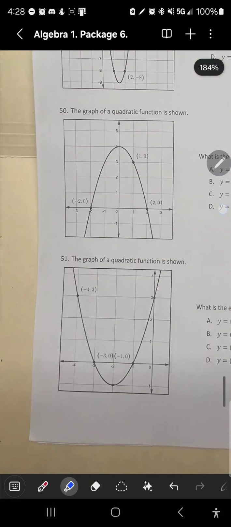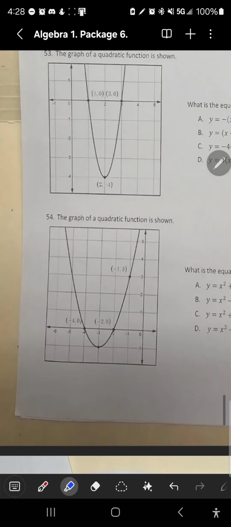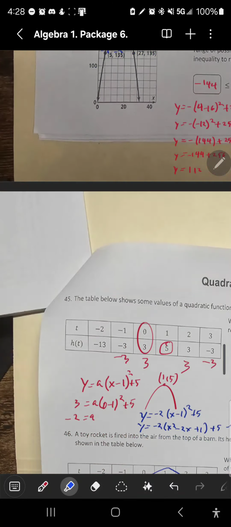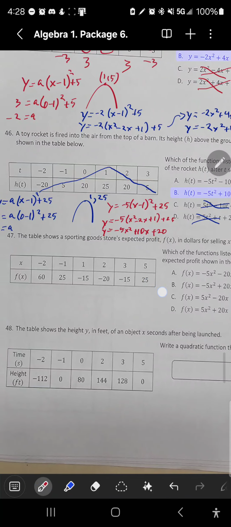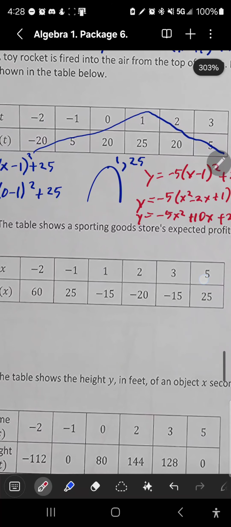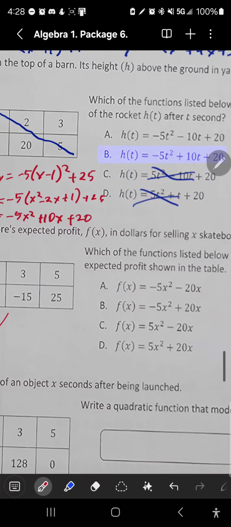Now let's look at how many are missing. Okay, so let's look here. Again, let's look at this. We have positive, positive, negative, negative, negative, positive. So in this case, going something like this, where 2 comma negative 20 is our minimum.